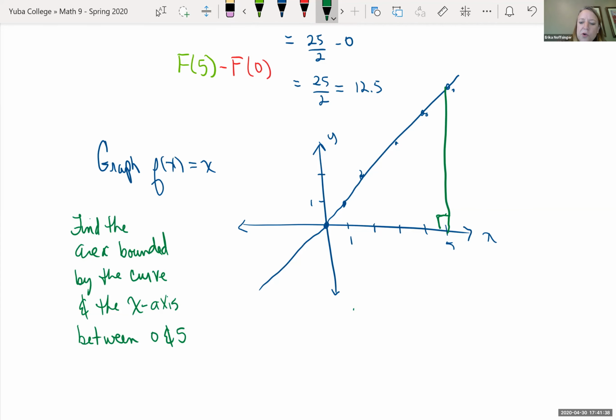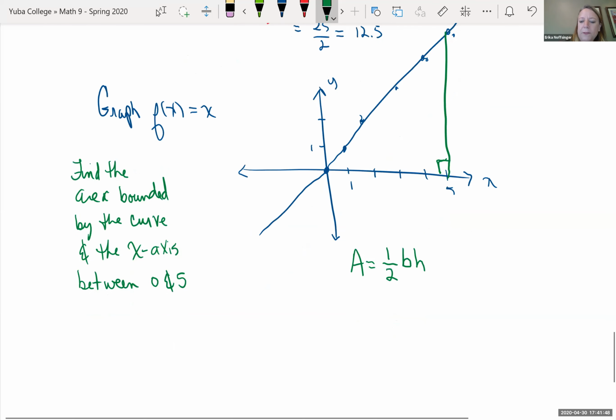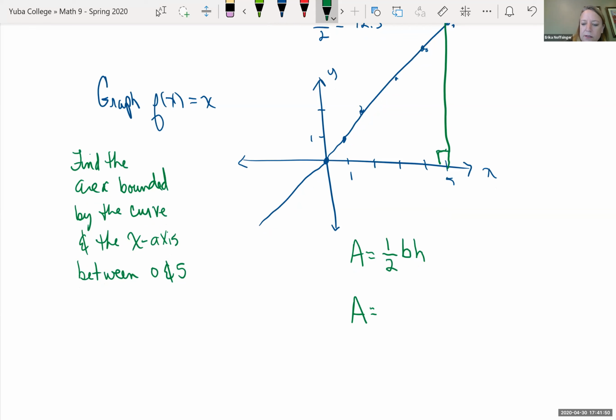The area of a triangle is 1/2 times your base times your height. Well, using our knowledge, this is 1/2 times the base, this length in here was 5, times our height, and our height is also 5.